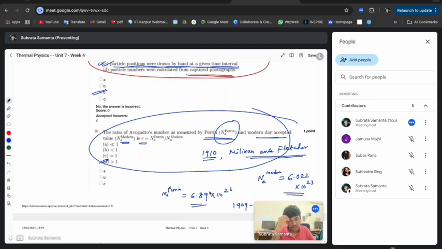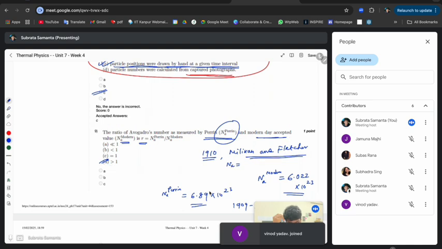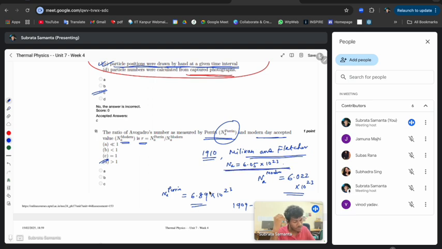They got N_A of 6.05 times 10 to the power 23, again a slightly higher value than the modern-day accepted value. So again the ratio is greater than 1.